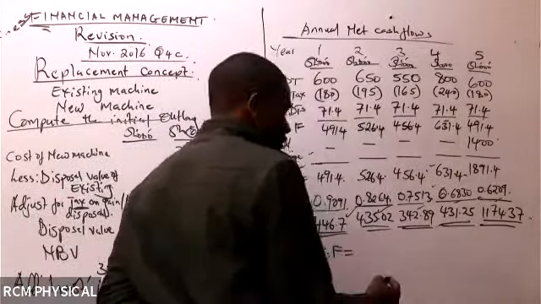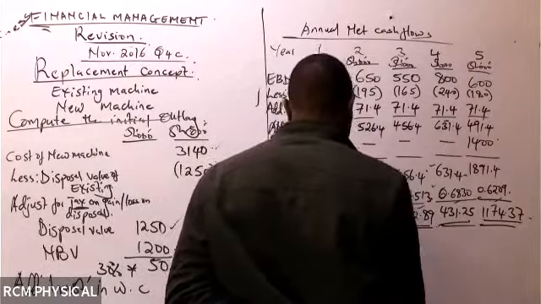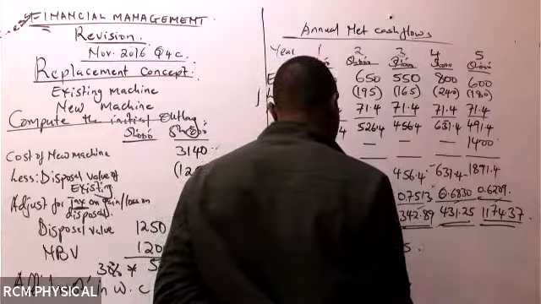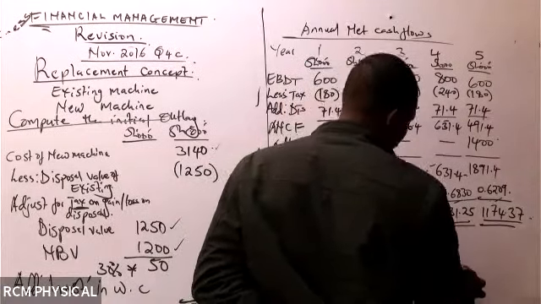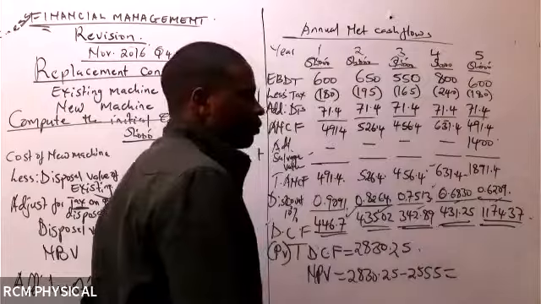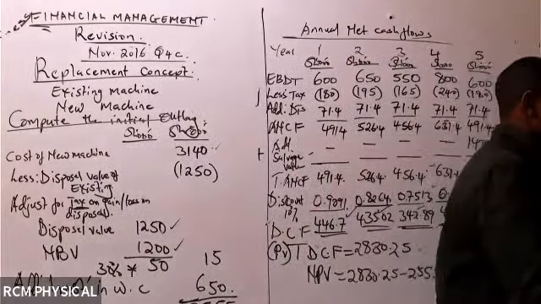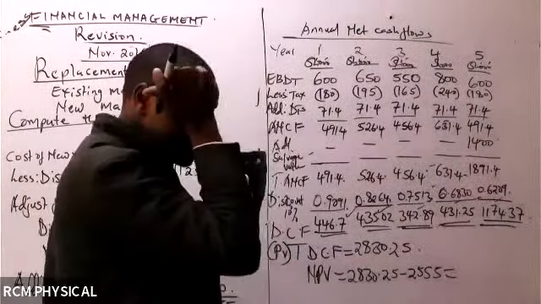We get 28 30, 28 30, and to get the net present value, we take 28 30 minus 55 55. So what is our net present value? And how do you advise this company? Which is our net present value? How do you advise this company?